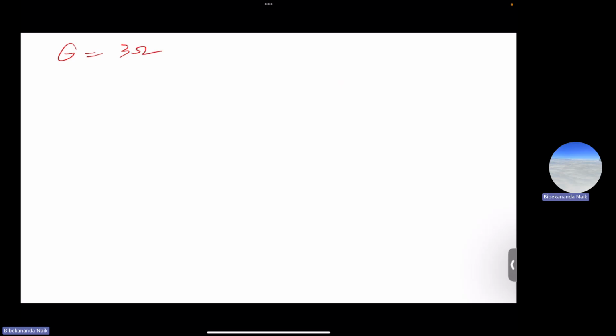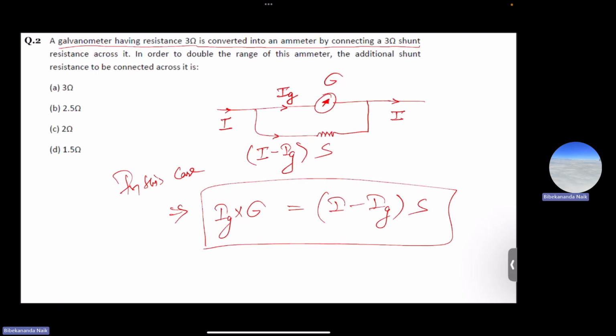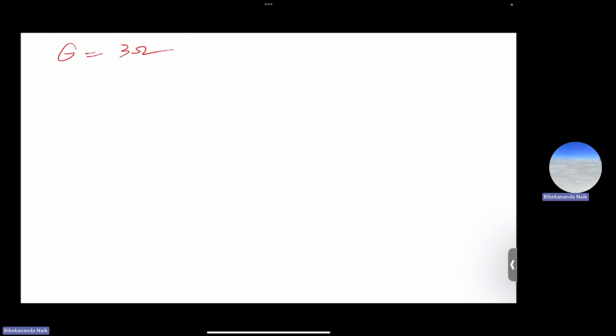Here G is 3 ohm, because it's mentioned that the galvanometer has resistance 3 ohm. This shunt is also 3 ohm. So G is 3 ohm, S is 3 ohm. So Ig into 3 is equal to I minus Ig into 3.